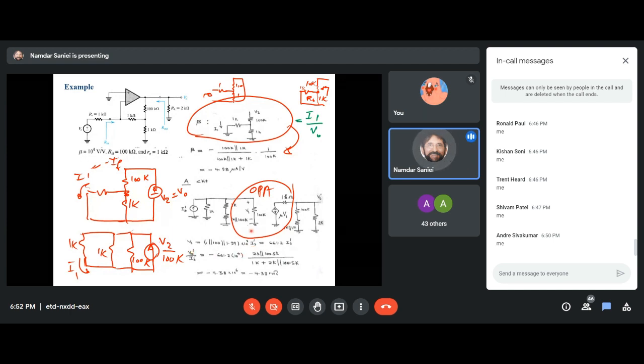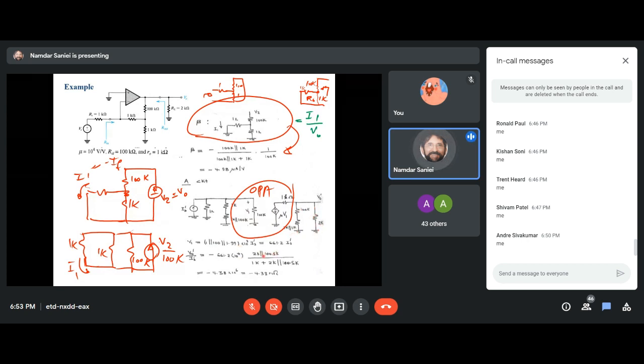And then for the output voltage, this V1 is multiplied by mu, which is 10 to the power of 4. Then it's divided between 1K and the combination of these resistances. We have 100 and 0.5K, so 100.5, and the 2K in parallel.